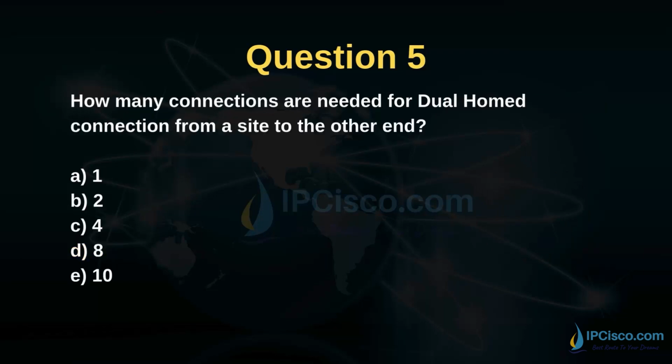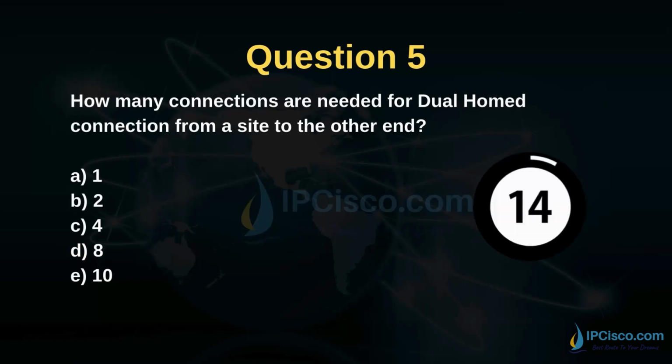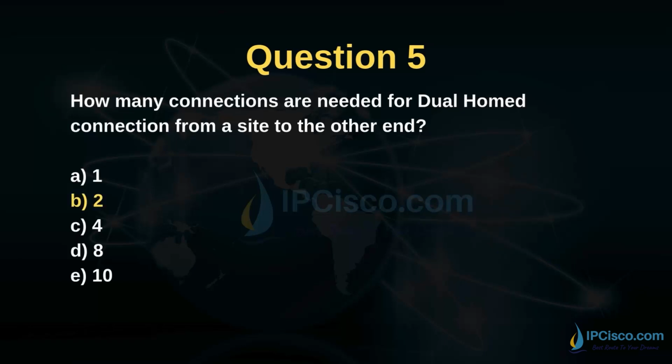How many connections are needed for a dual-homed connection from a site to the other end? 1, 2, 4, 8, or 10? The answer is 2 connections.